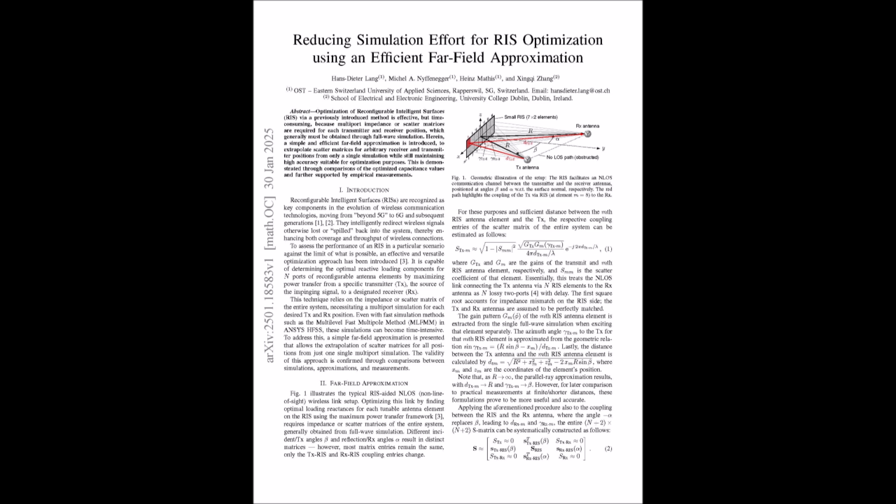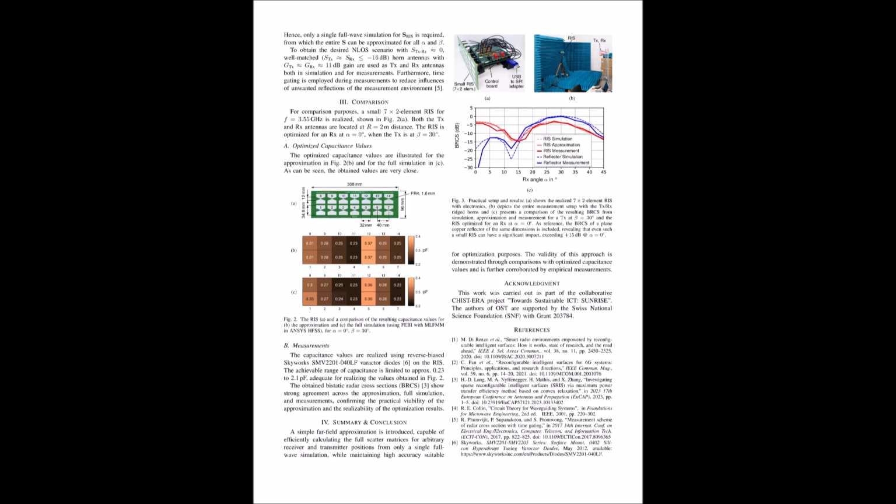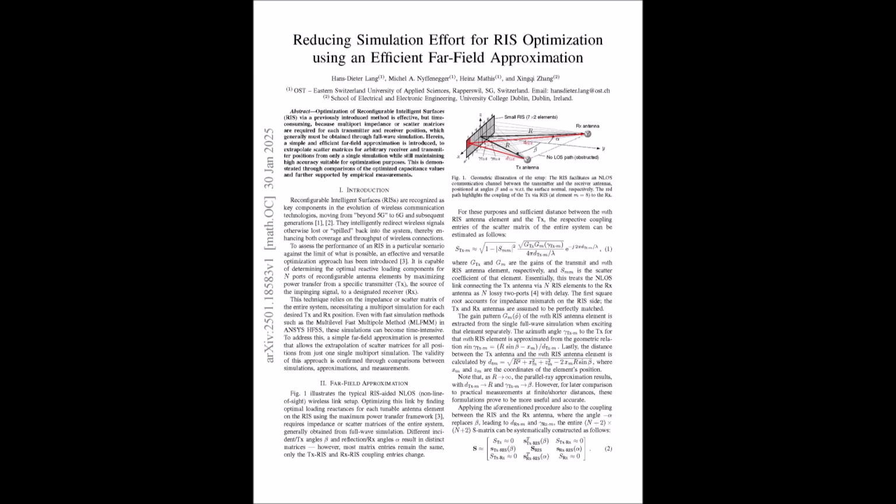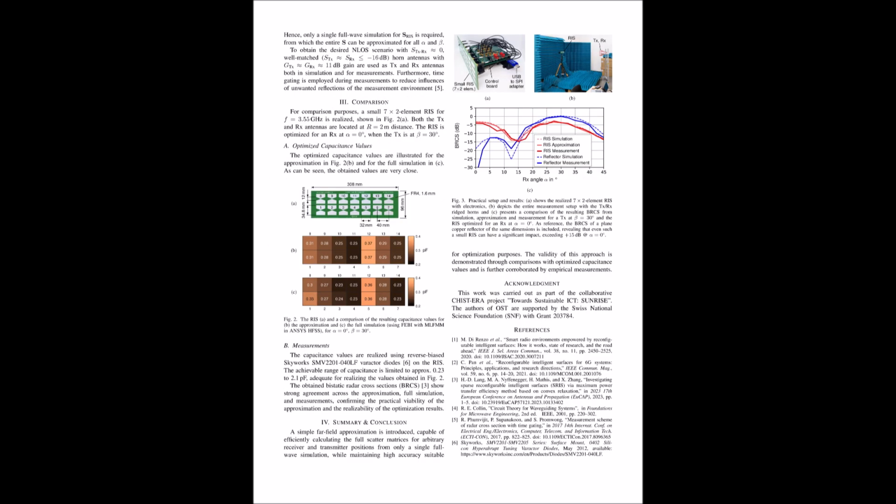Wow, that sounds powerful. Any other contenders in the RIS technology race? Another exciting area involves materials. Materials with properties that can be dynamically changed, properties like permittivity or permeability. Okay, and how do you change those properties? You can do it using external stimuli like light or temperature. So imagine a material that becomes more or less reflective depending on how much light it's exposed to.